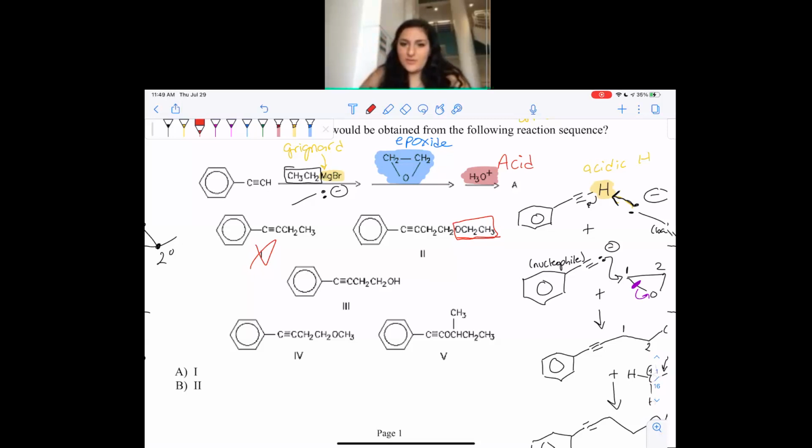Okay, so let's draw it out real quick. This guy would look like this: carbon, carbon with a triple bond. That carbon is attached to a CH2. That carbon is also attached to an oxygen, which is attached to a CH2 and a CH3. So when you see something that looks like this, that is an ether.